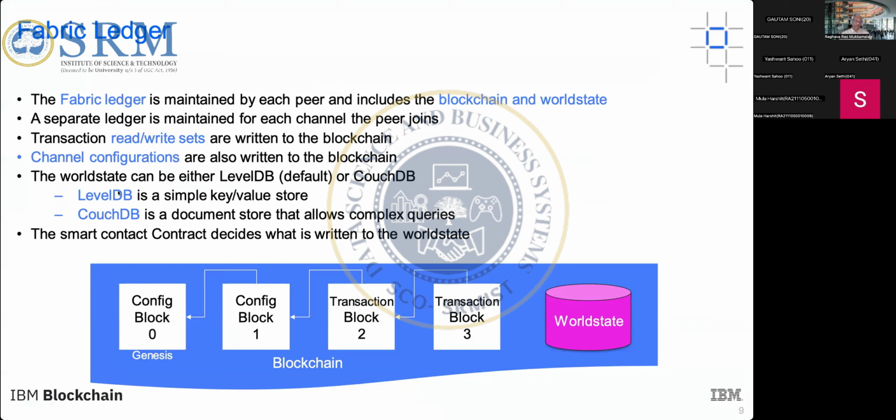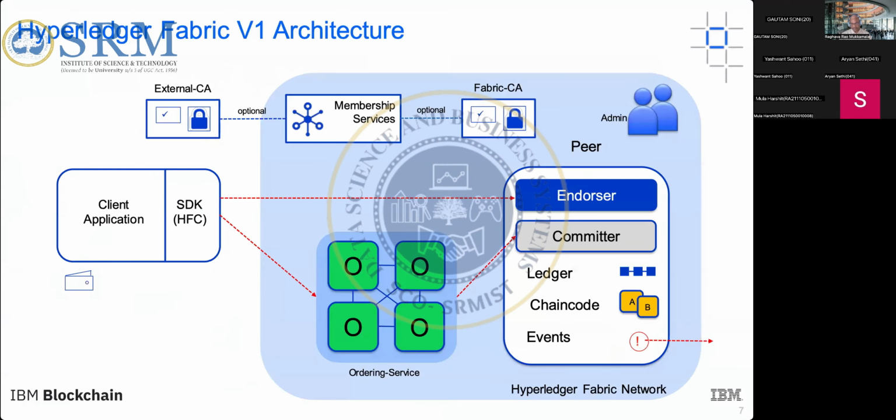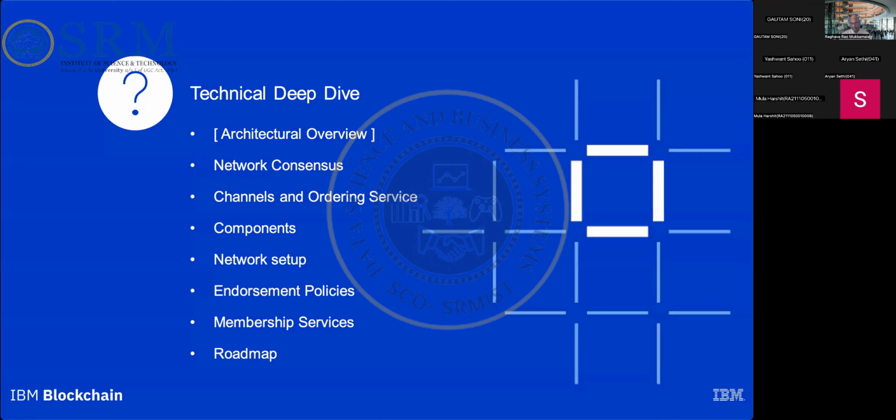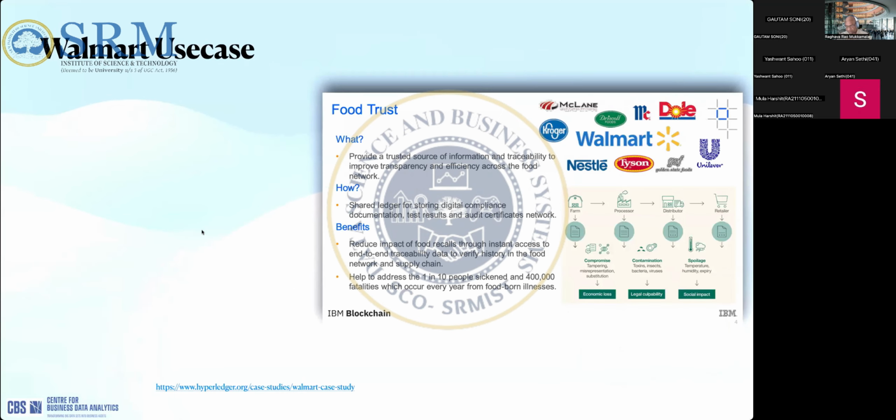They use two types of databases. LevelDB is mainly for a simple key-value store. But on the other hand, let's say that you have big files. For example, in the Walmart case, let's say the farmer has uploaded a certificate saying that the vegetables are produced organically. Or it could be an image, a certificate, or a scanned paper document.